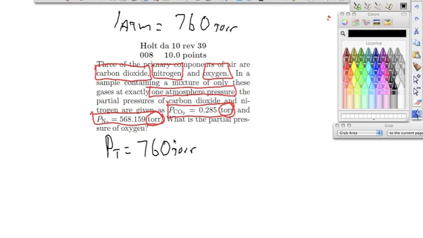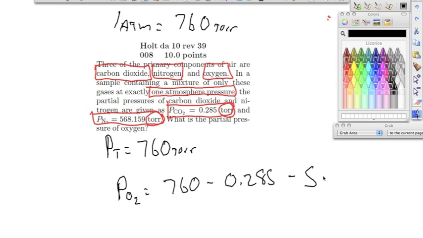So our partial pressure of oxygen gas equals our total pressure minus our 2 partial pressures. That will give us the partial pressure of oxygen gas, which is right around 191.556 torrs.